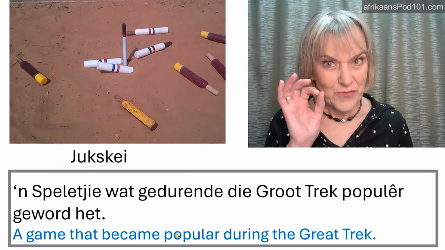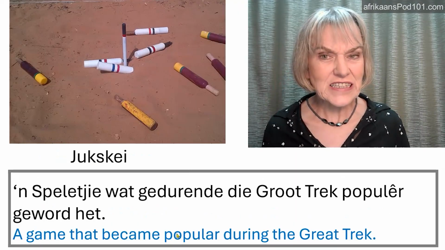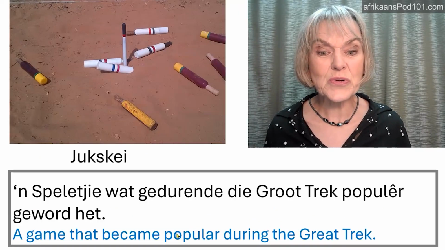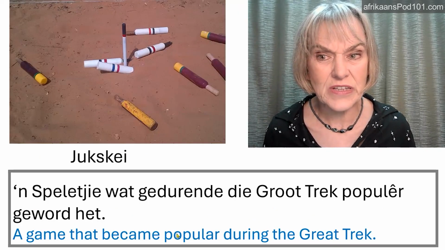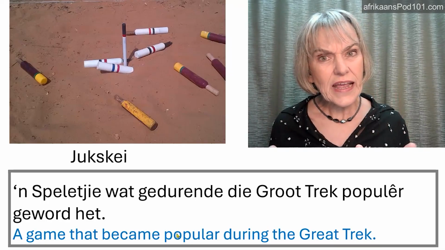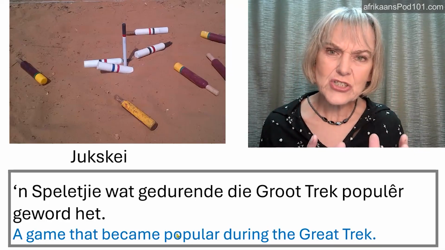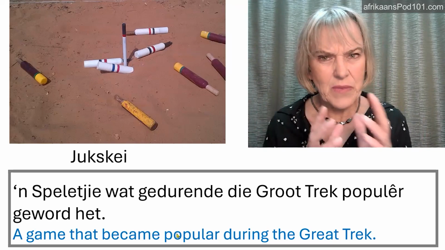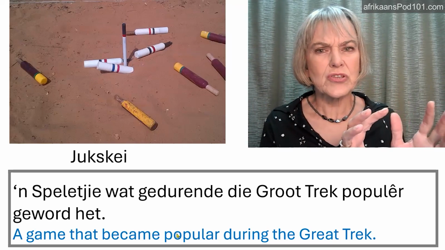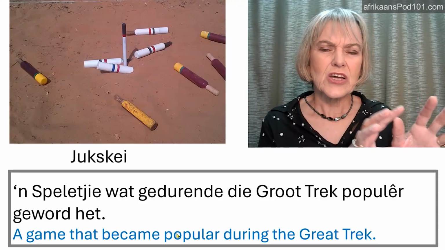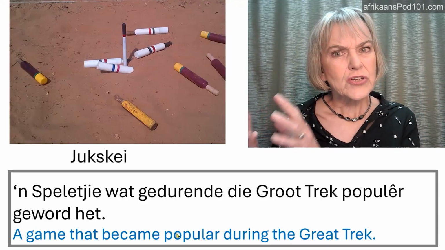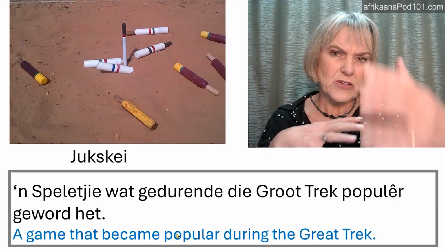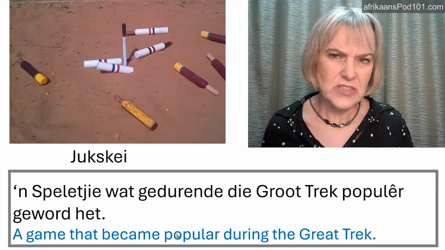This is now truly Afrikaans, jukskei. 'n Speletjie wat gedurende die groot trek populêr geword het. Now, what is the groot trek? The groot trek is similar to the move to the west in America. You know, in America, the pioneers moved from the east to the west coast to start from scratch there. And they moved in those big ox wagons, and they moved across the country.